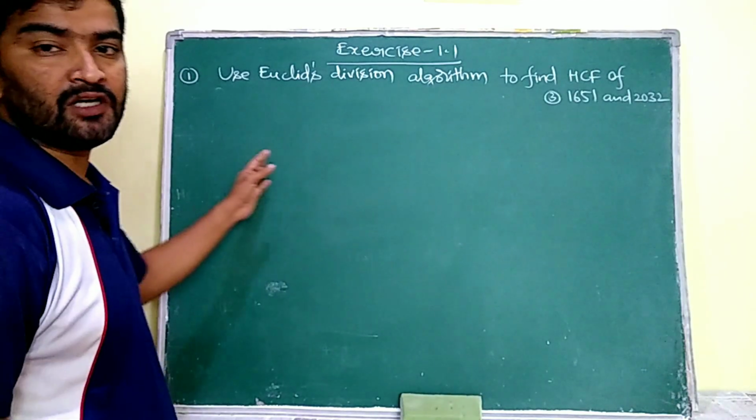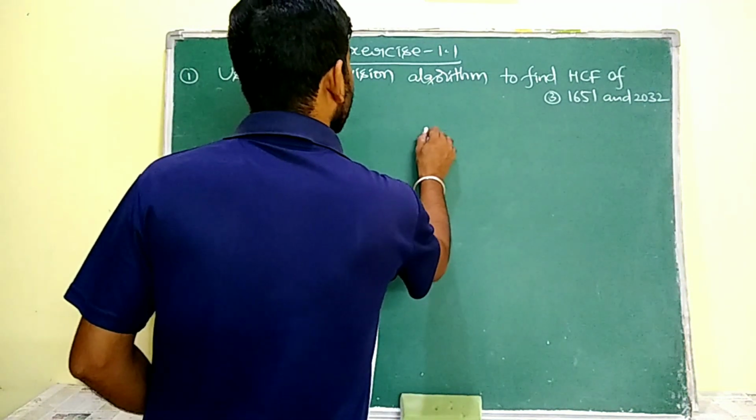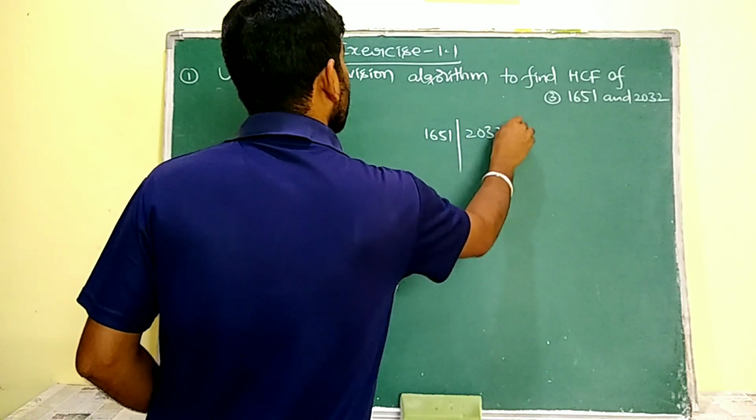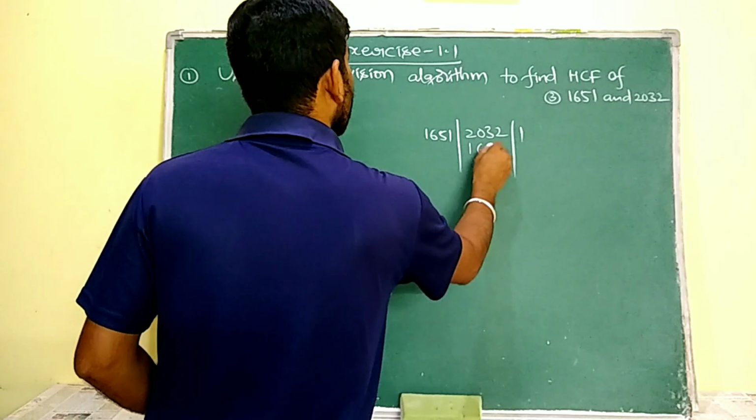Understand? In the third question, 1651 and 2032. If I divide 2032 by 1651, one times 1651 is 1651.